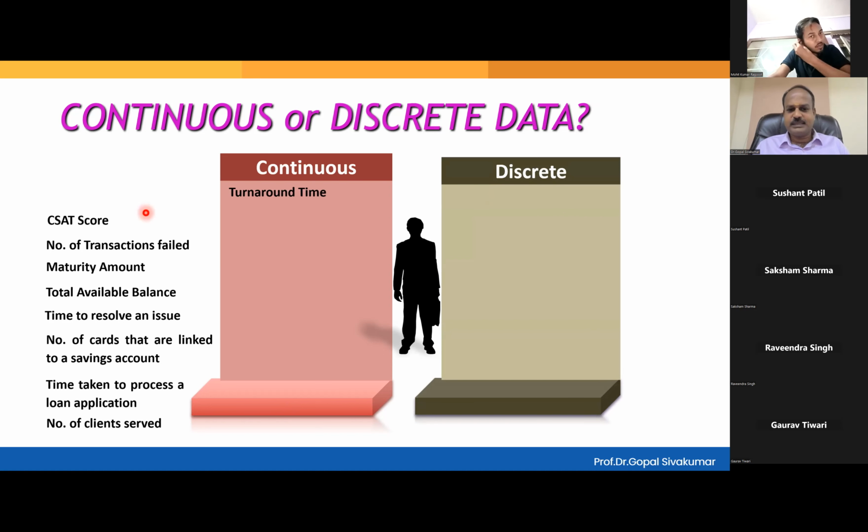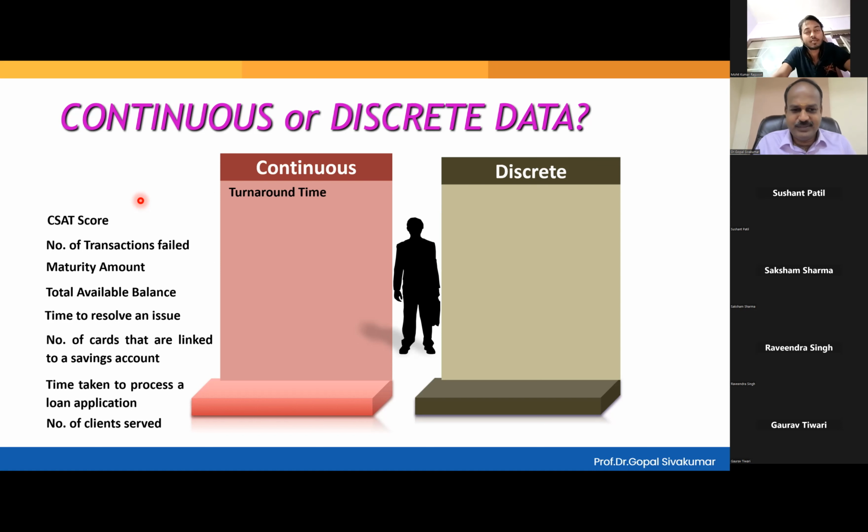Now next one, customer satisfaction score. Every day at the end of the training, you are giving the rating, isn't it, in the feedback form? So what is that? Continuous or discrete? Discrete data. Continuous would mean in the form you can type any value, 4.35 also you can give me.